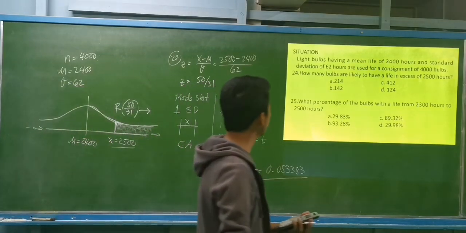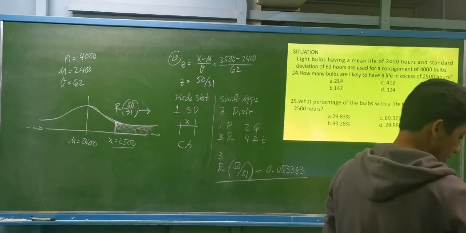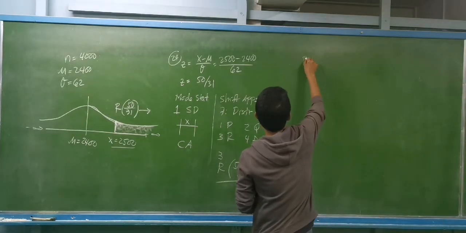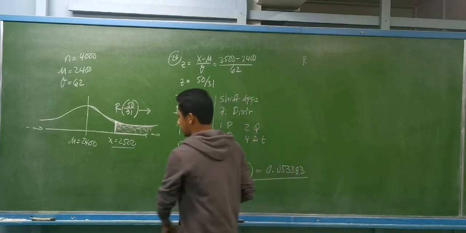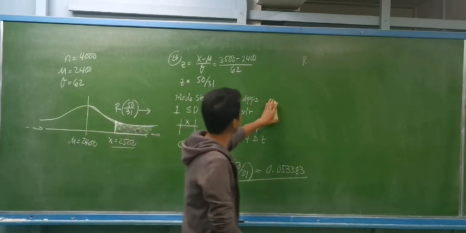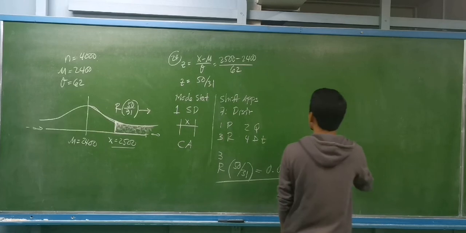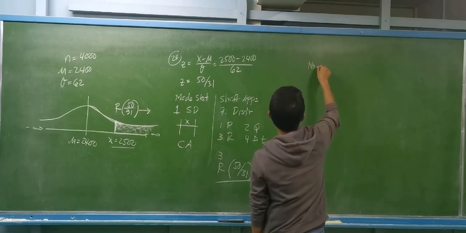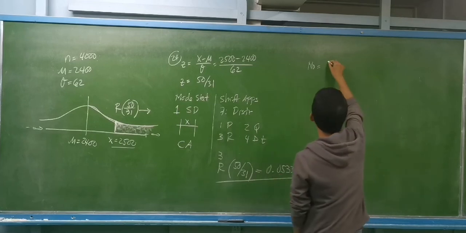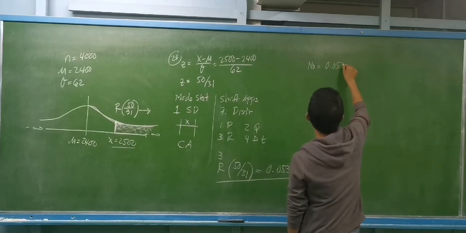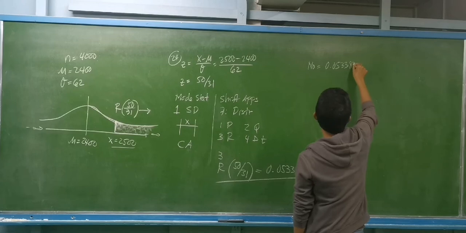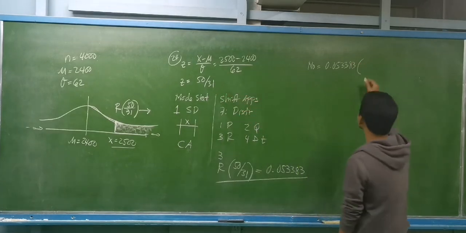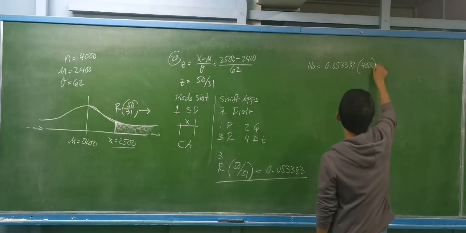Ngayon, hinahanap natin yung number of bulbs. Yung number of bulbs, ito yung probability na meron tayong excess greater than yung life in hours niya, excess is 2,500. So, yung number na hinahanap natin is basically yung number na to, 0.05383, okay, multiplied by yung number of bulbs natin. So, meron tayong 4,000.